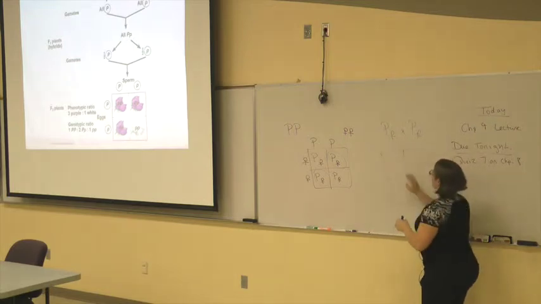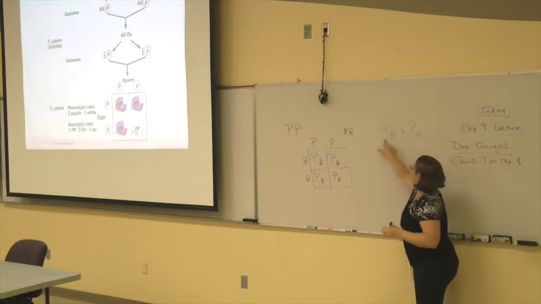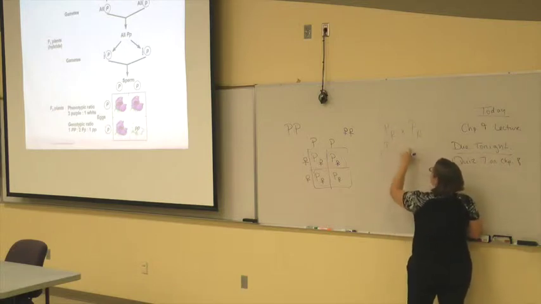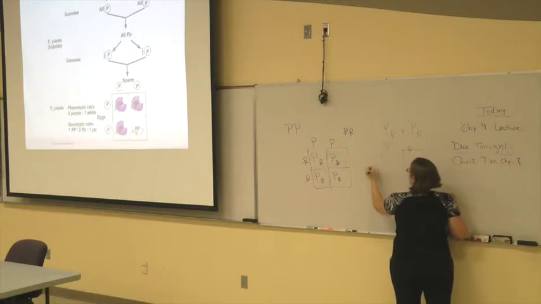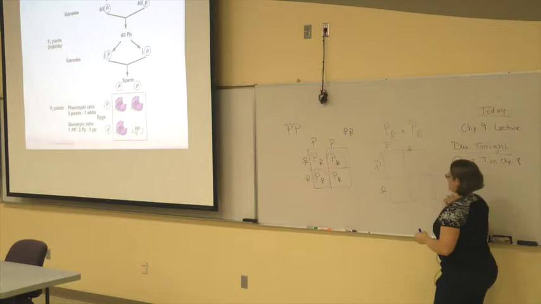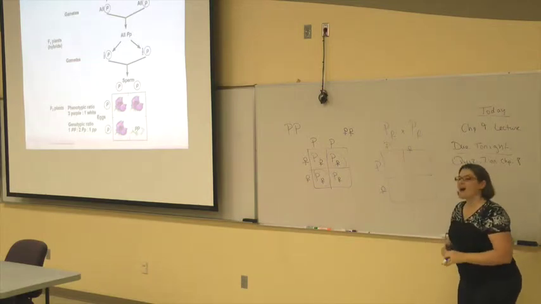What are we going to put on top of this box? If this is one of the parents' genotypes, what are we going to put here? Big P. What about here? Little p. Here's mom. What are we going to put over here? Big P. What about here? Little p.